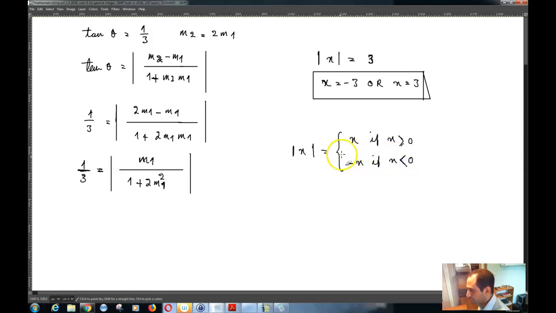Meaning that if your x is negative, then the absolute value of x is equal to -x, which is a positive value, and if x is positive or 0, then the absolute value of x is equal to x, which is again a positive value. These two values are the distance that we had on the real number line that we just saw.